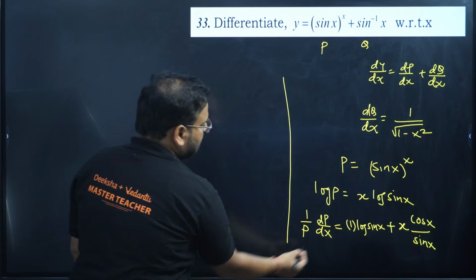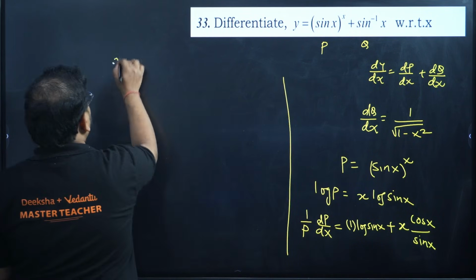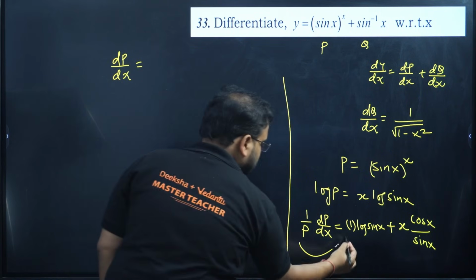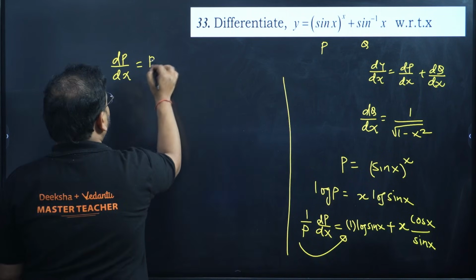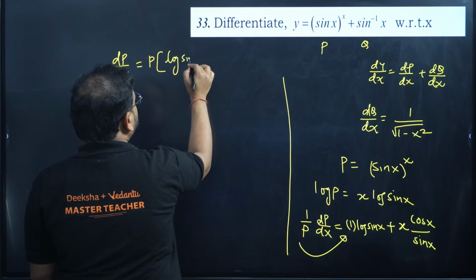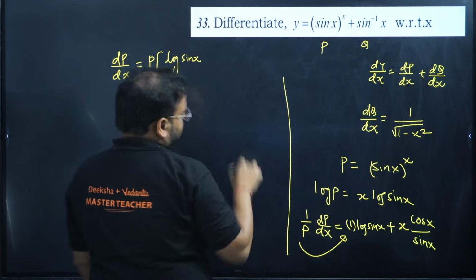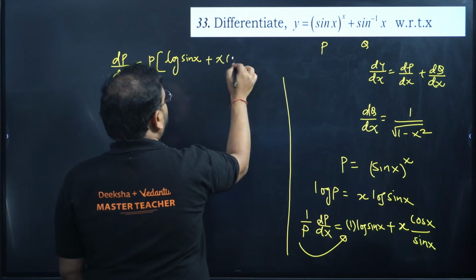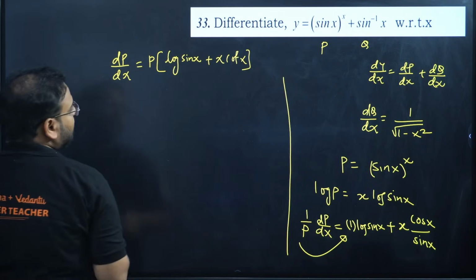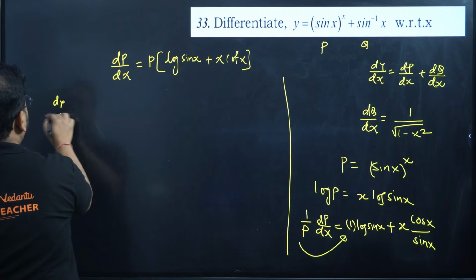Let's club the result by simplifying it. So dp by dx, p will move on this side, so p times the bracket log sin x plus x cot x. I want the value of dy by dx, right?